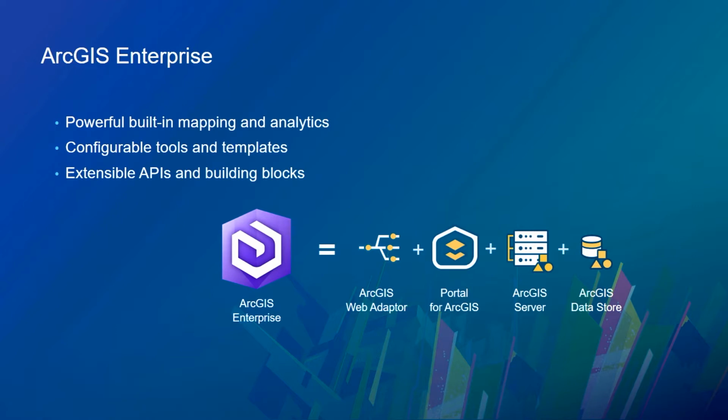It comes in various flavors, and we'll talk a little bit about what ArcGIS Server is. And of course, the ArcGIS Data Store, which is Esri's hosted data store. It's the data store where, if you just throw data at Enterprise, that's where it's going to get stored. So ArcGIS Enterprise is really a composition of all these components stitched together to give you that mapping and analytics platform.